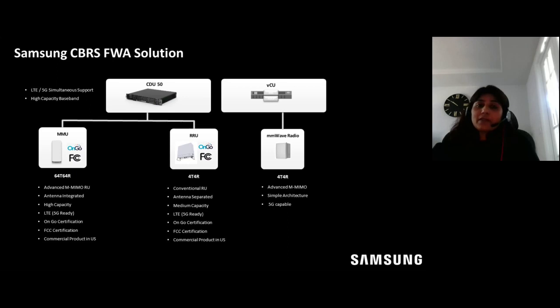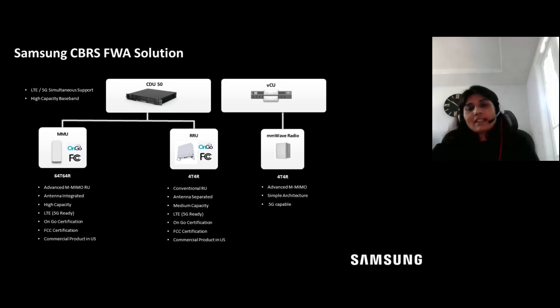For millimeter wave, Samsung has an AU product. AU is an all integrated product, which means radio, baseband, and antenna all are integrated together to make it a highly compact deployment solution. And when it comes to millimeter wave, it is really not very popular to reach places, means it is not very great in providing coverage.